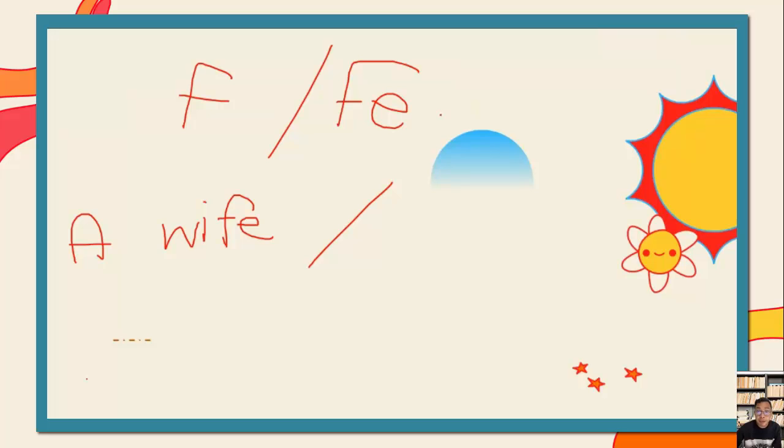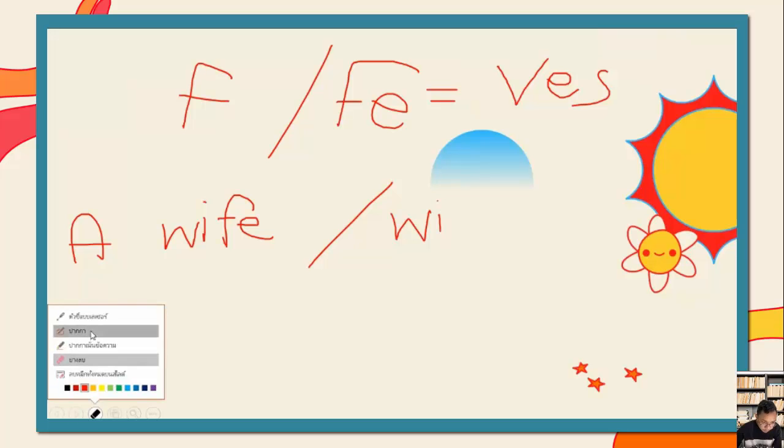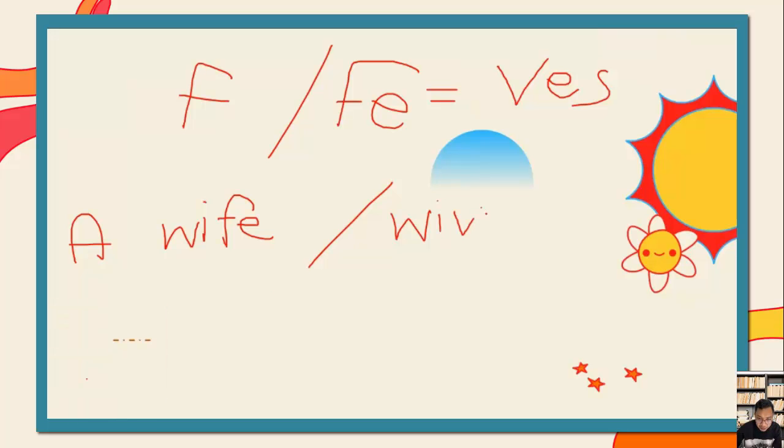If you want to make it plural มากกว่าหนึ่ง คำที่ลงท้ายด้วย f or fe you have to change from f or fe to v เปลี่ยน f fe เป็น v ก่อน and then put es, become wives, like this, v e s.